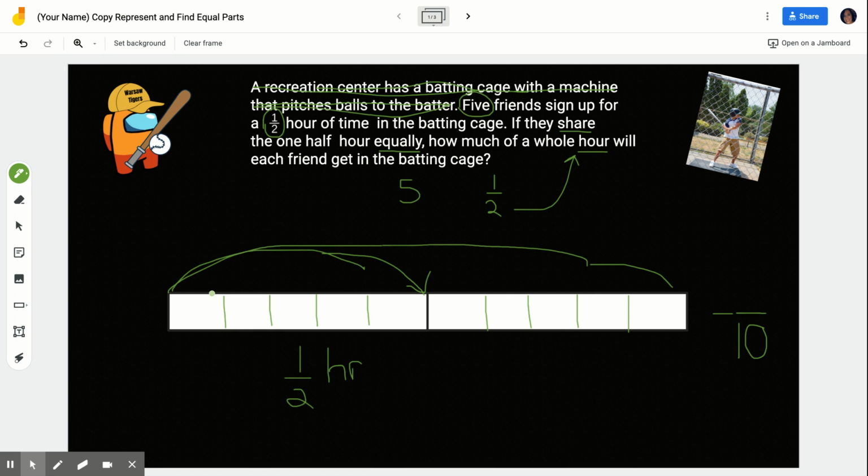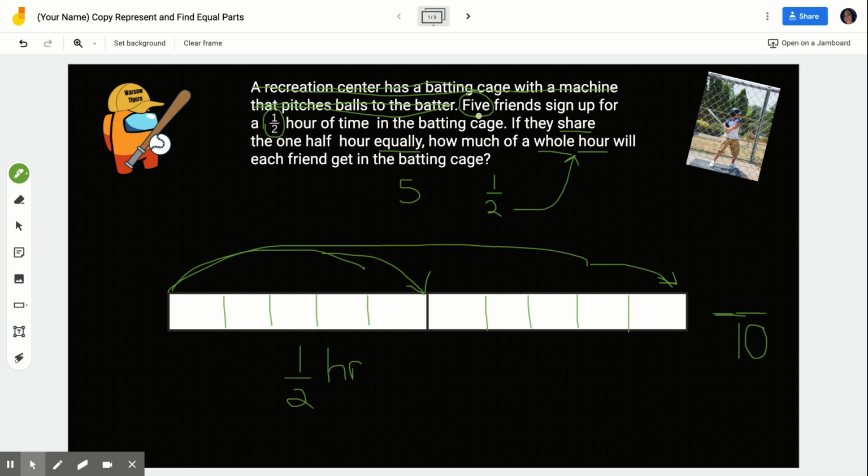So if half was 5 pieces, 1, 2, 3, 4, 5, and our denominator would have been out of 5 here, we're solving for the whole hour. So it really takes some thinking there and struggling with these words a little bit to get an understanding of exactly what the problem is asking. So because it's all 10 pieces for the whole hour, our denominator is going to be 10.